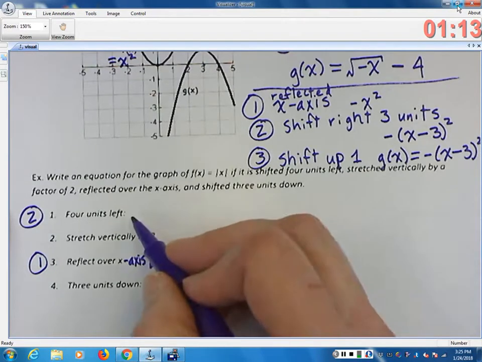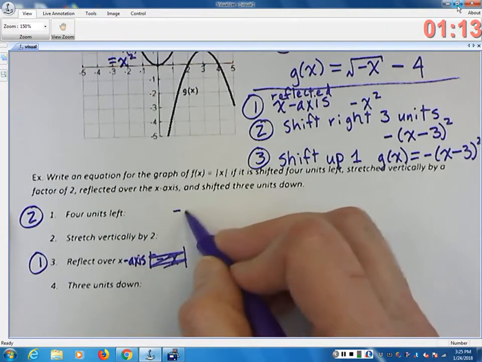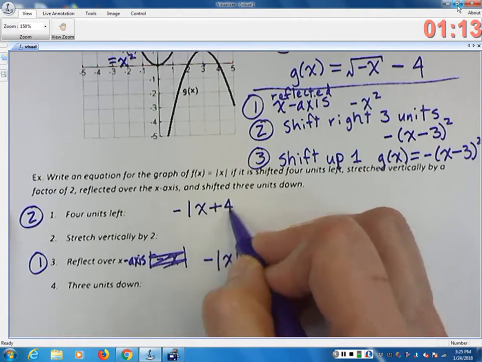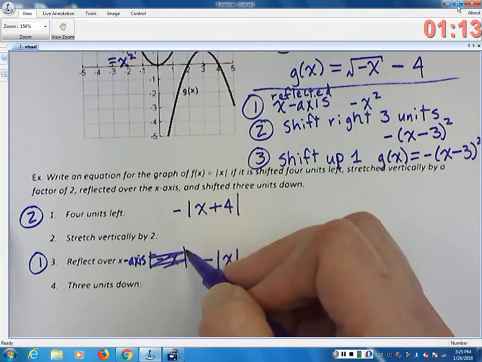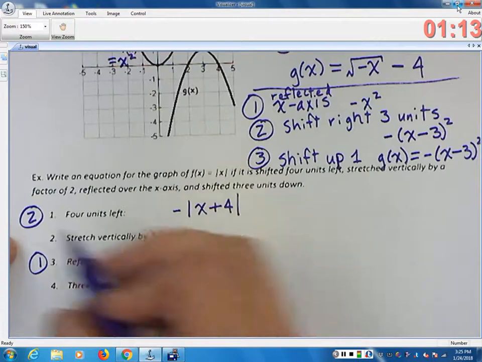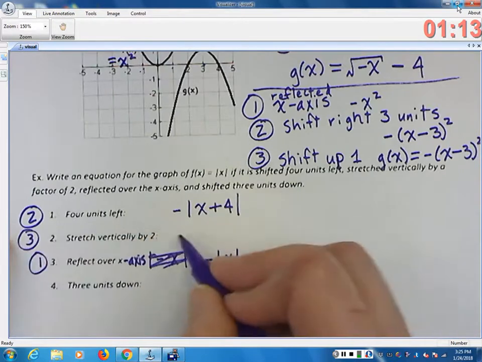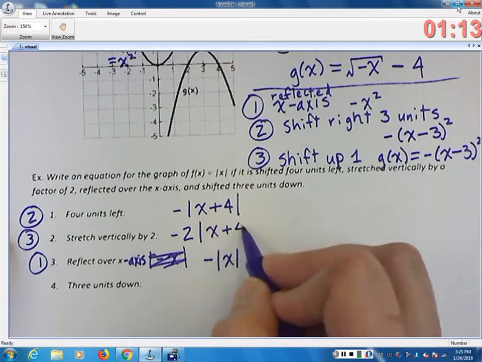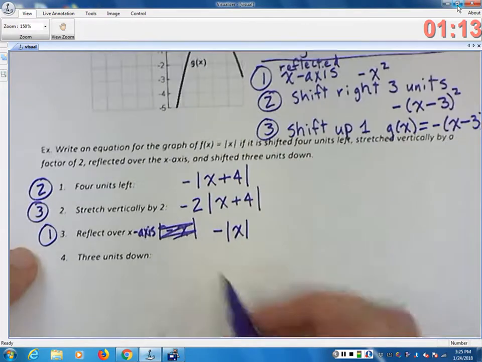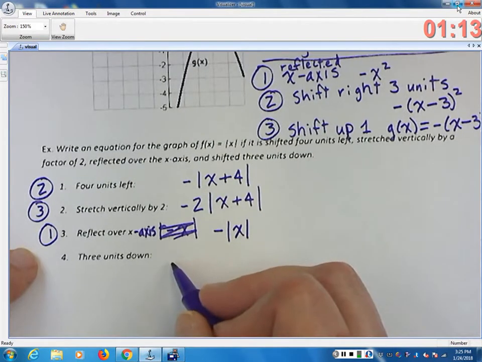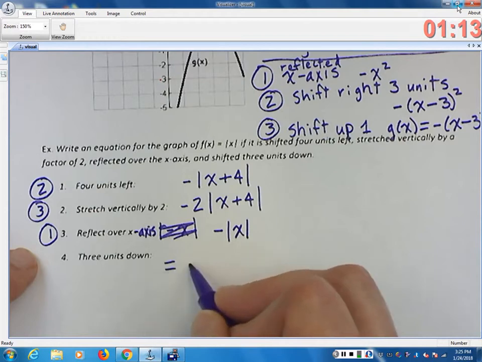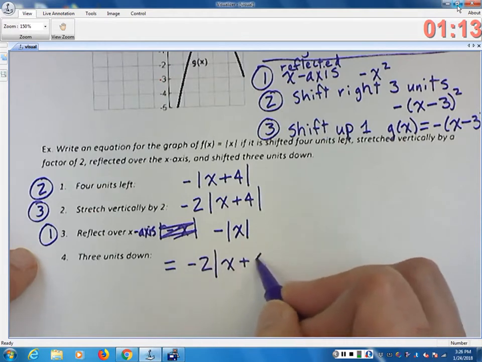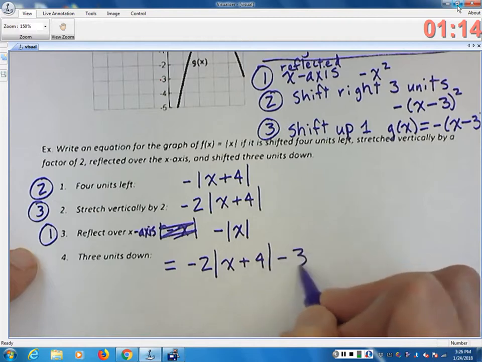It's inside the function. X plus 4 is left. Stretch vertically by 2. That's on the outside. And then 3 units down. Minus 2 absolute value of (x plus 4) minus 3.